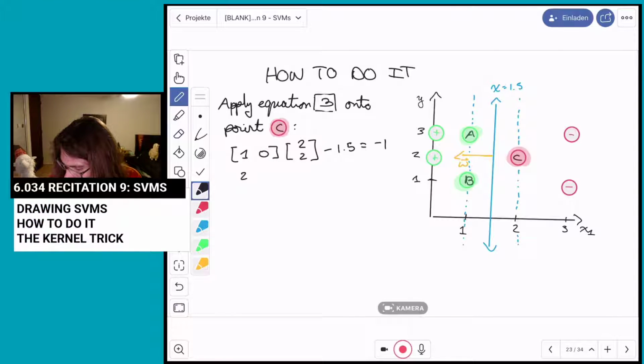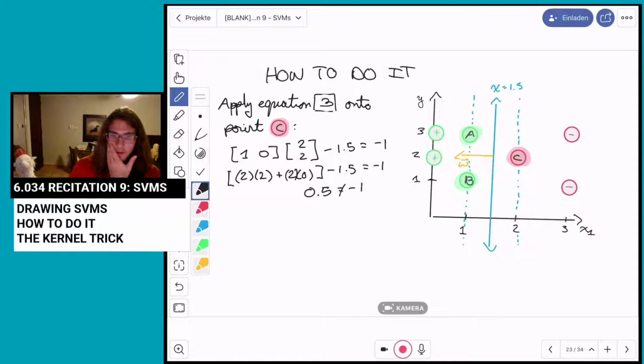So just a little bit more explicitly, for those of you who are new to the concept of dot products, this is what I get. 2 times 2 plus 2 times 0 minus 1.5 is equal to negative 1. So I get 0.5, which is not equal to negative 1.